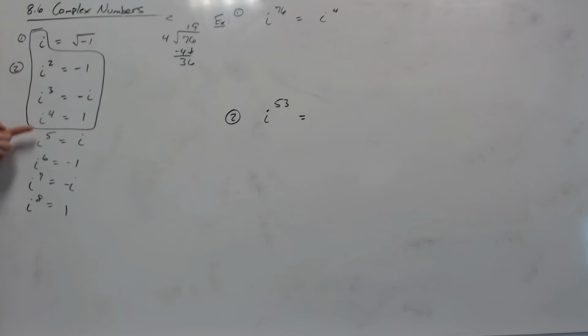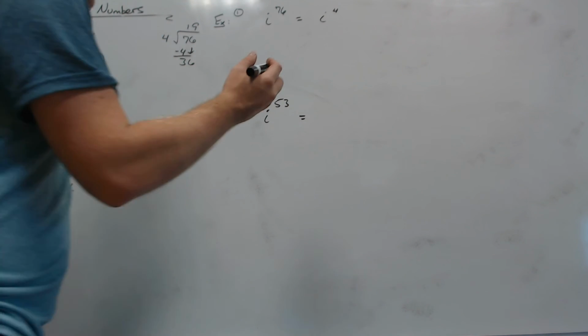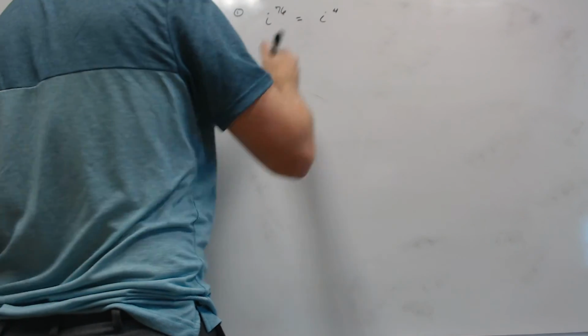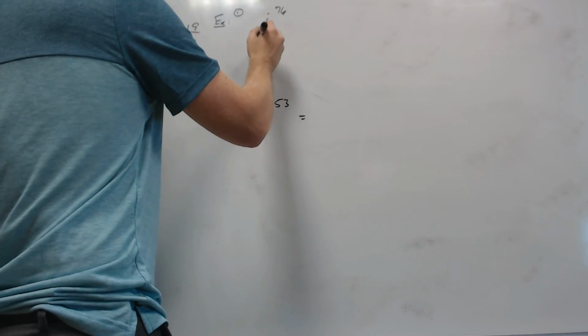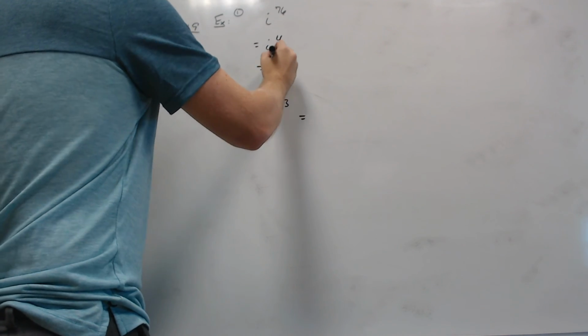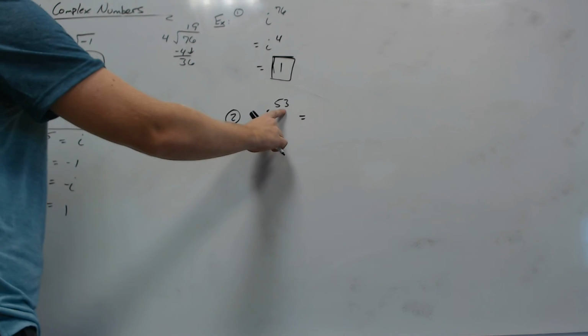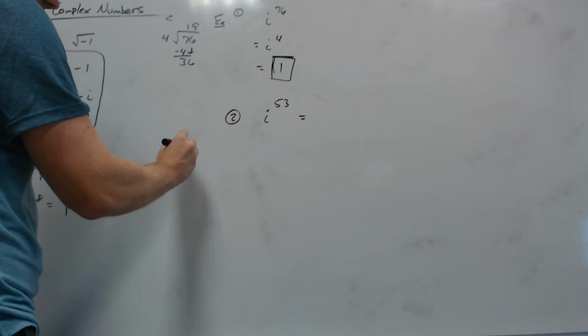Every multiple of 4 is equal to 1: i to the fourth, i to the 8th, i to the 12th, i to the 16th. So since 76 is a multiple of 4, I know it's the same thing as i to the fourth. And we know i to the fourth is equal to 1.